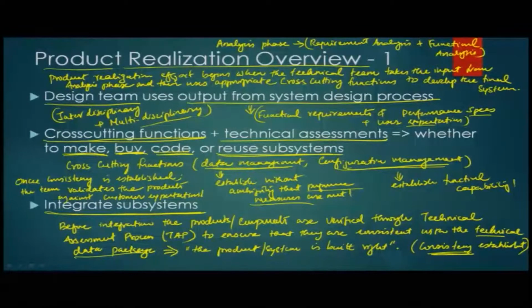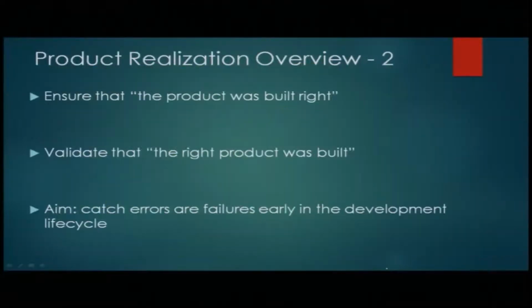Okay. So at this point of time, you are trying to ensure that the right product is built. That's the second part. Because the slide is getting crowded, we will move on to the next slide and continue there. So the first part is to ensure that the product was built right.